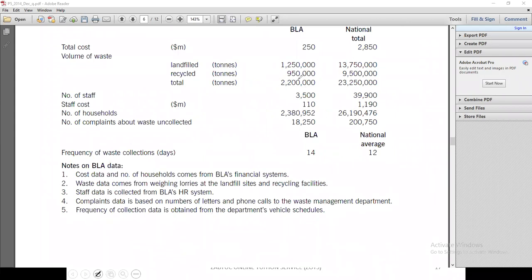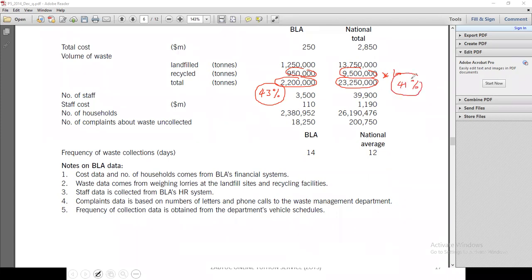Total waste. How much was recycled? 43%. 43%. What of here? That over that. How's the percentage? 41%.